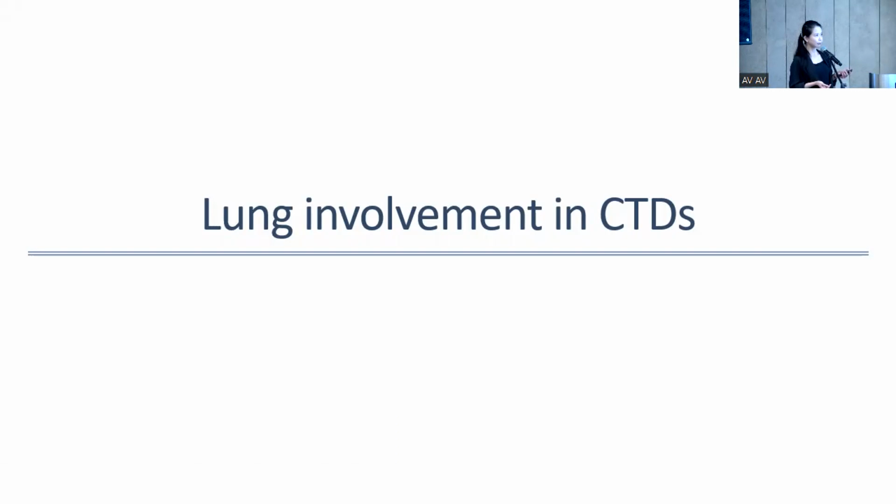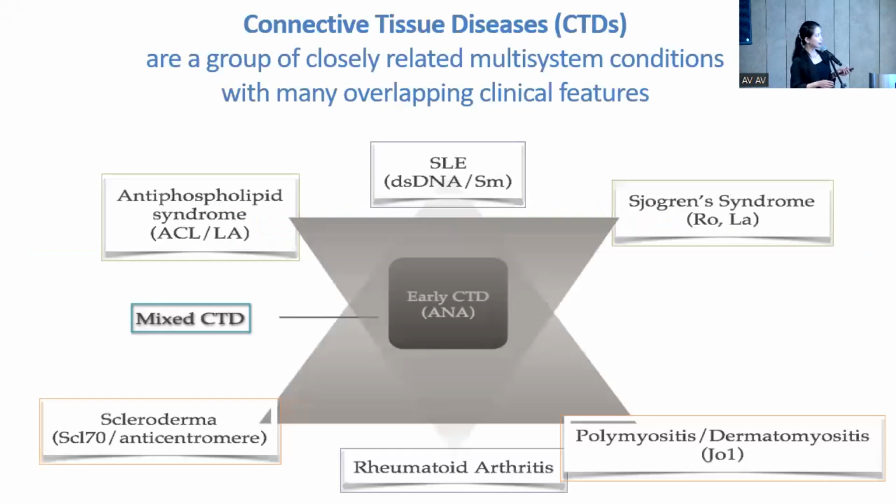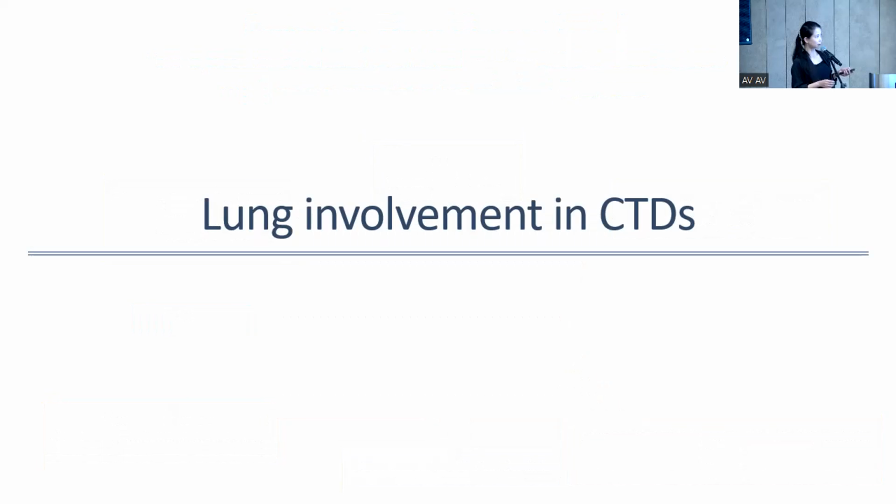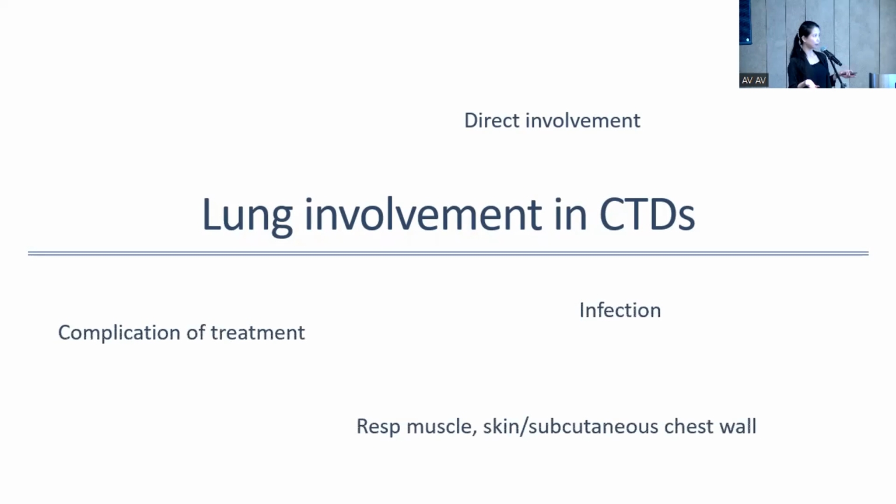The lung can be affected directly, for example through an inflammatory or fibrotic process in the lung itself, or indirectly. For example, if the patient has inflammation in the respiratory muscles, this can cause hypoventilation and difficulty in breathing. Or the involvement can occur as a result of complications from treatment that we give to the patient.